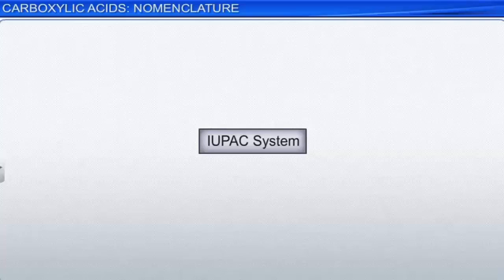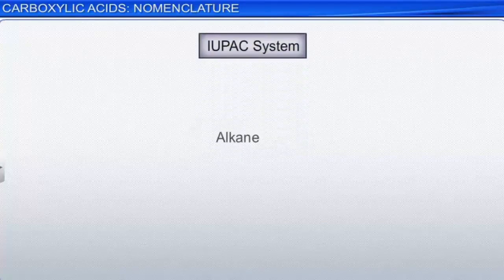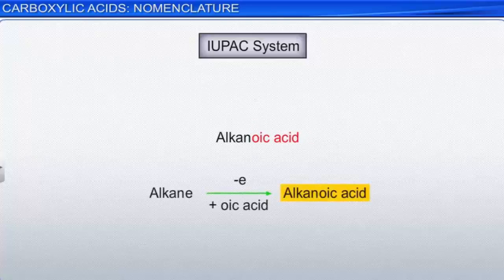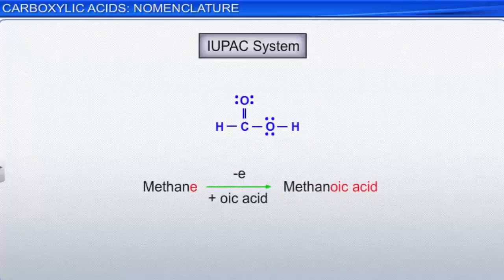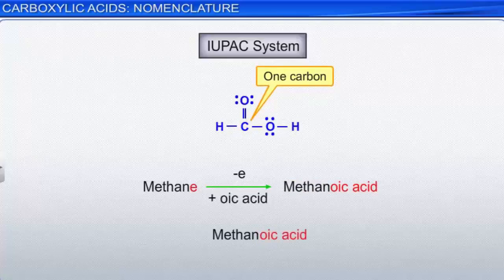Now, let's look at the IUPAC system. In the IUPAC system, carboxylic acids are named by replacing the ending E of the corresponding alkane by OIC acid to form alkanoic acid. For example, the IUPAC name for carboxylic acid containing one carbon is methanoic acid, obtained by replacing the ending E of methane by OIC acid.